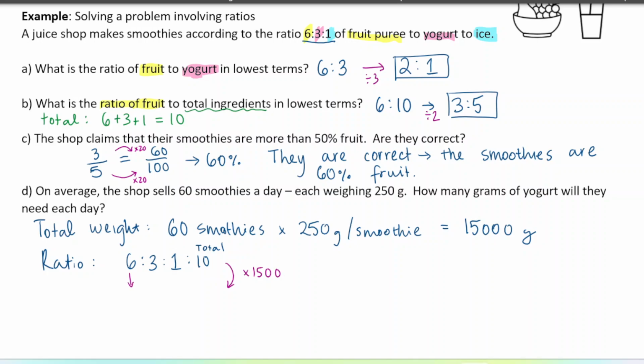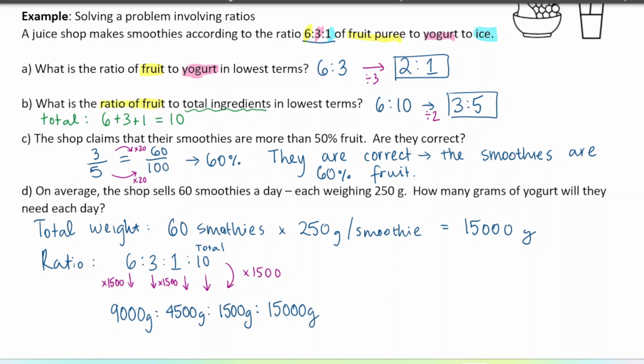So multiply the 6 by 1,500, and I'll get an equivalent ratio where the total is 15,000, which is what I'm looking for. So every single term by 1,500. So I would get 9,000. That's how many grams of fruit I would need. To 4,500. That's how much yogurt I'm going to need. And then 1,500 grams. That's how much ice I'm going to need. And then in total, my smoothie amount is going to be 15,000.